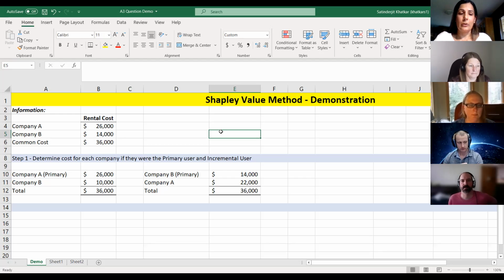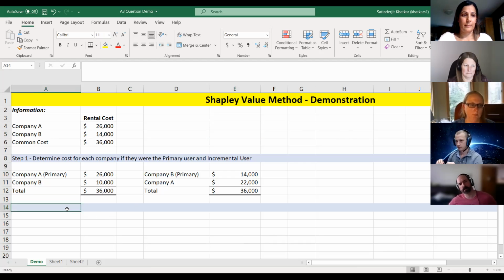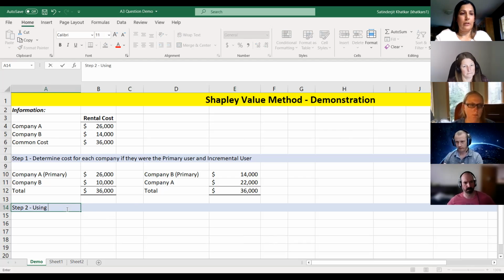And then step two is you're going to take the values calculated in step one for each company and take the average. And that average will be the cost each company will pay. So we're going to use the cost.